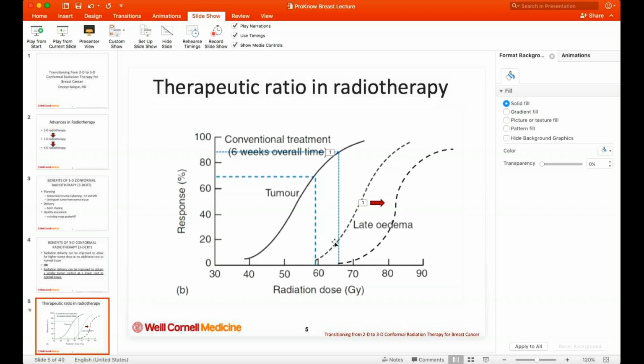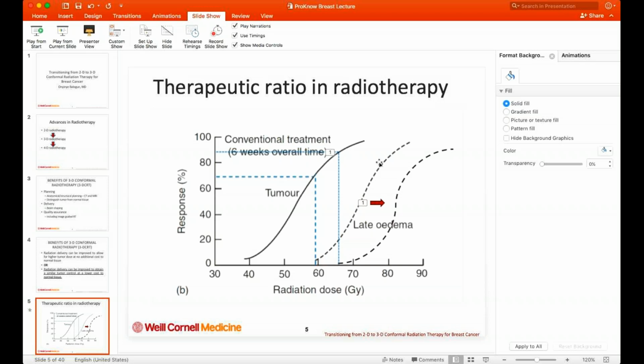So what we want to do is to push the curve for the normal tissue effects towards the right, so that at any given dose you have a lower risk of normal tissue toxicity and still a high probability of tumor control. That's what three-dimensional radiation therapy enables us to do.